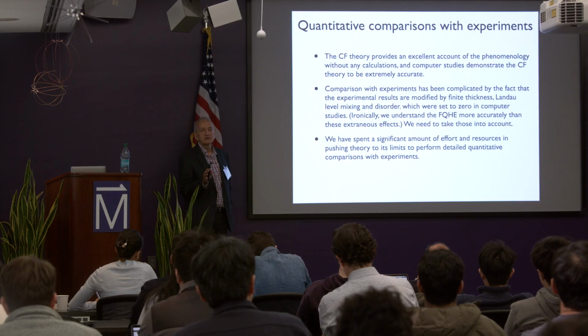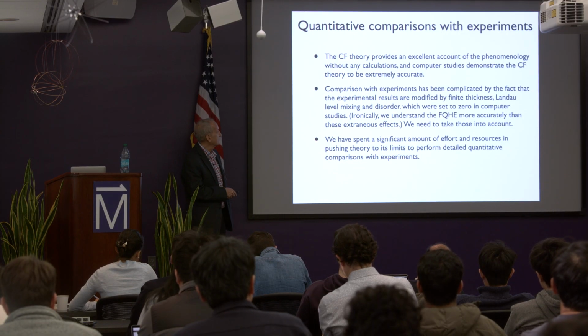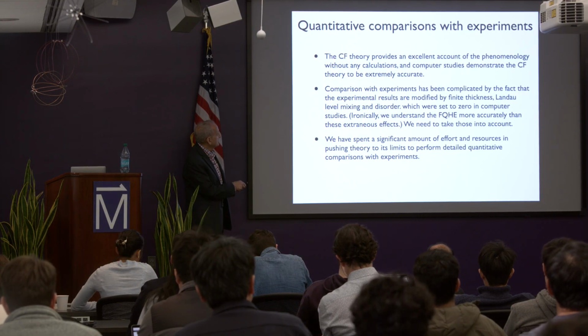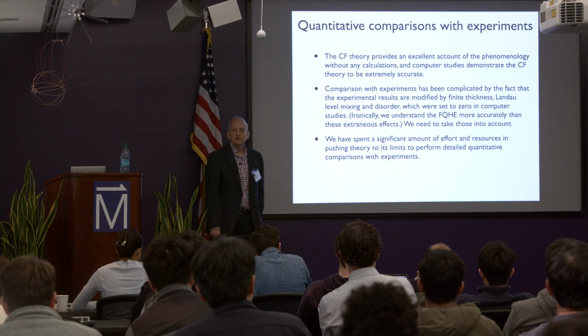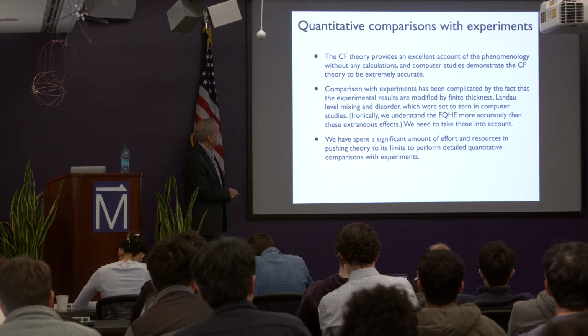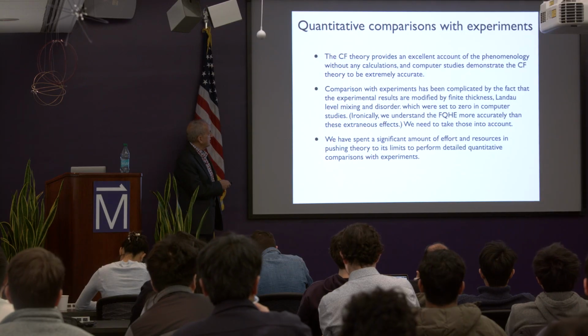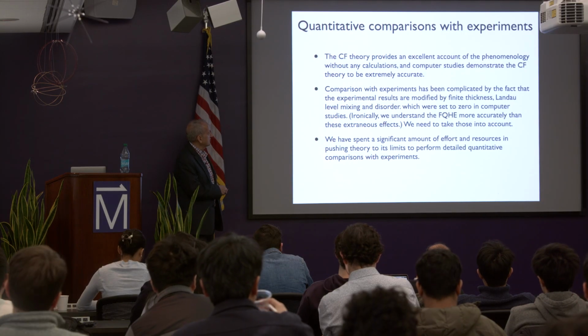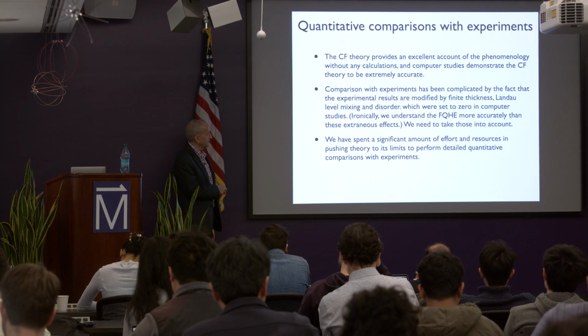So we set the width equal to 0 in the earlier calculation, and there is Landau level mixing and disorder. Disorder is the hardest thing to take into account, so I will not talk about disorder, but we'll try to now include finite width effects and also Landau level mixing effects.